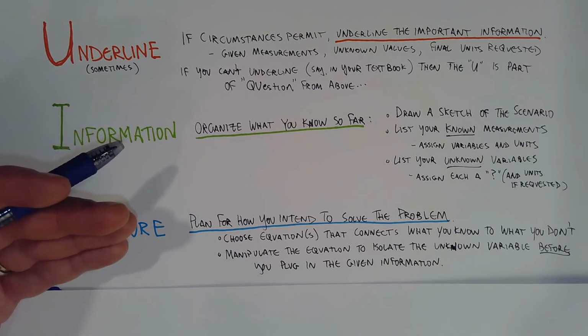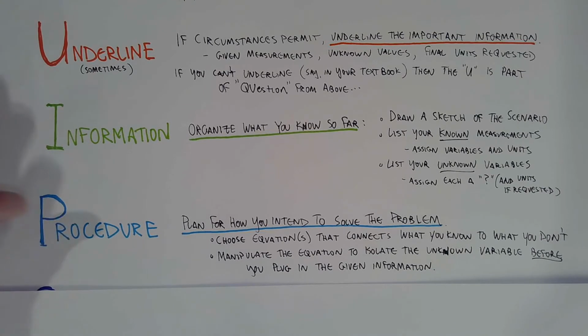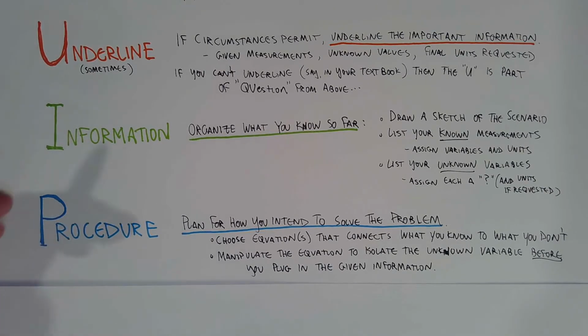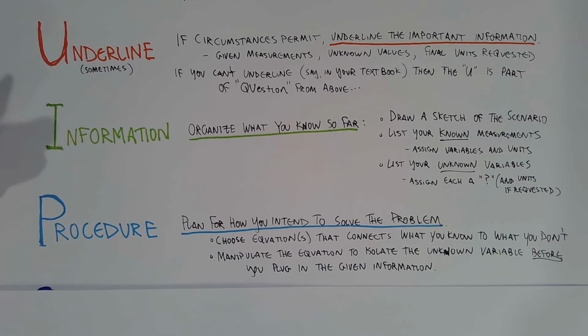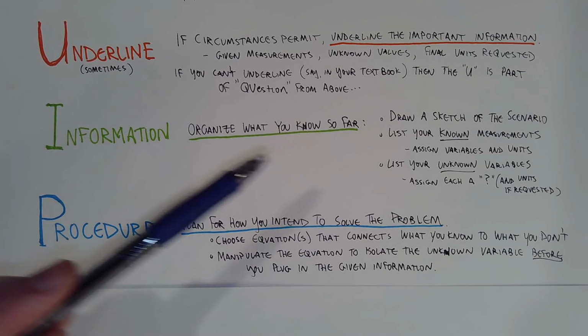In introductory physics classes, your problem is going to have an answer, and it's probably going to be an equation that you were taught relatively recently in class. So we're not searching the world over for the answer to the question. It's usually pretty clear once you've identified your initial information.